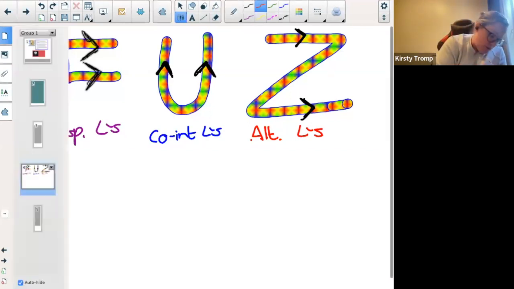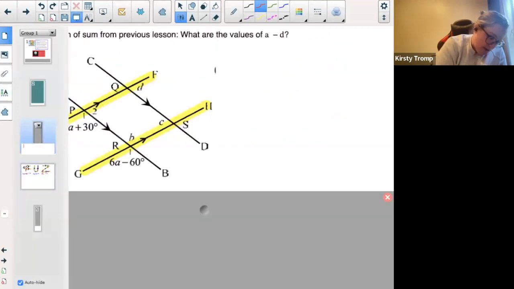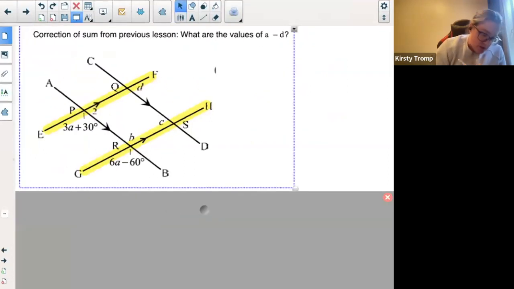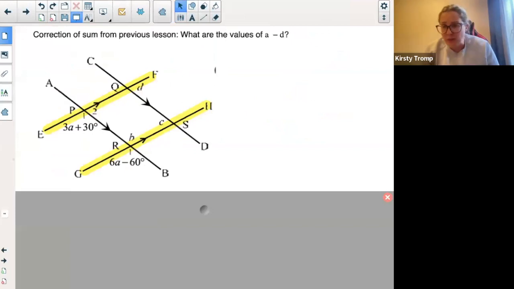Now we're going to go back and look at the drawing that we had there tonight. So there we go. At the moment, we've highlighted those two lines, okay?